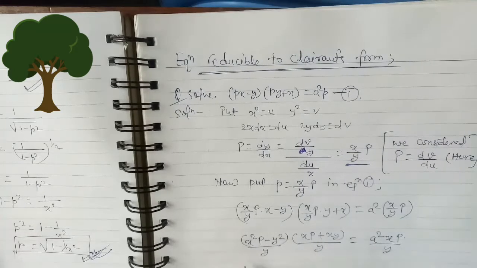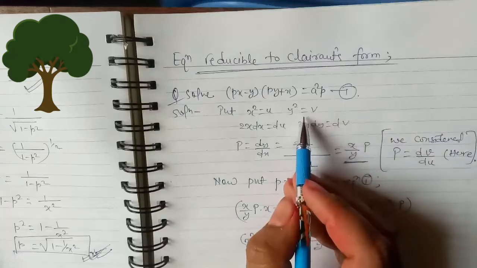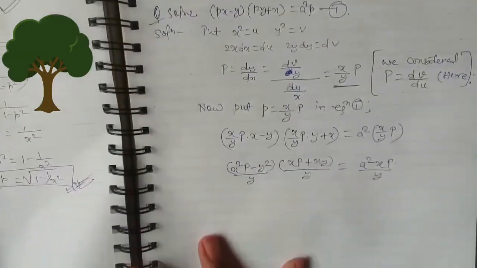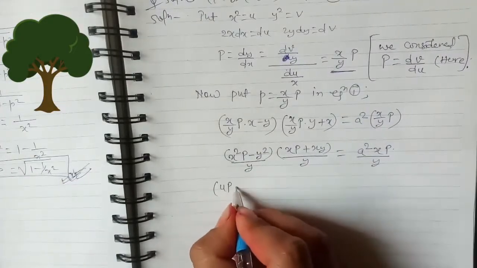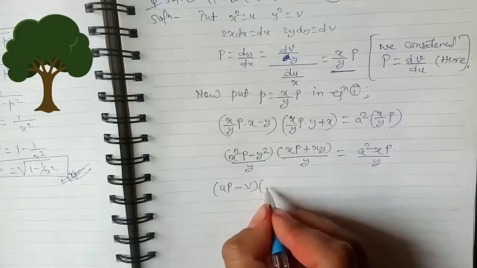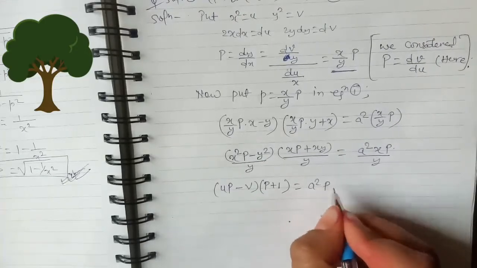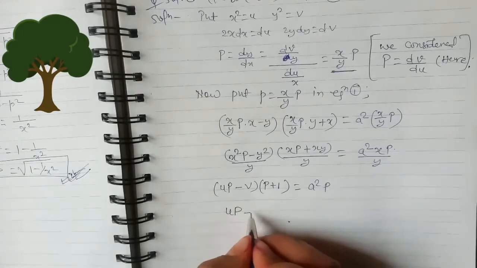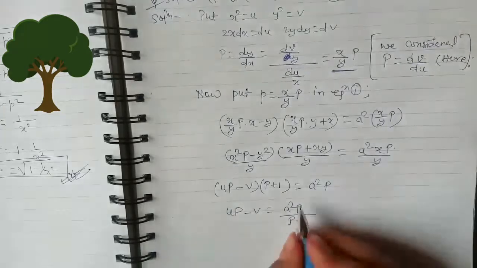So from here we can put the value of x square as u and y square as v, as we have considered here. So we get u capital P minus v capital P plus 1 is equal to a square capital P. So from here we can write u capital P minus v is equal to a square P upon P plus 1.